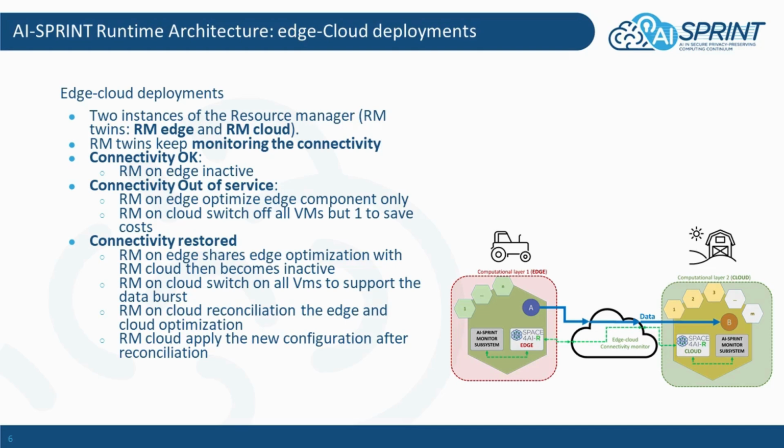As soon as the connectivity has been reestablished, the runtime manager on the cloud starts to enable the sending of the data to the cloud. The cloud parses and processes the burst of data coming from the edge, and then once the data burst has been processed, the runtime manager starts to optimize the configuration again.